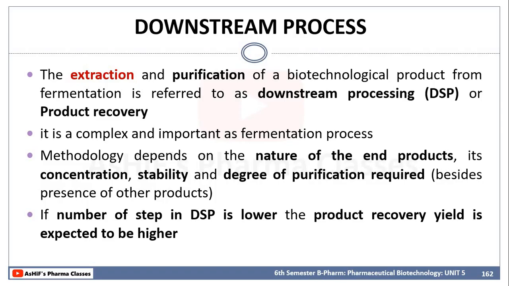After the fermentation process, we get a mixture containing the microorganism, primary and secondary metabolic end products, and the substrate or media we have used for the fermentation, everything will be there. So from this we have to extract and purify the desired end product.